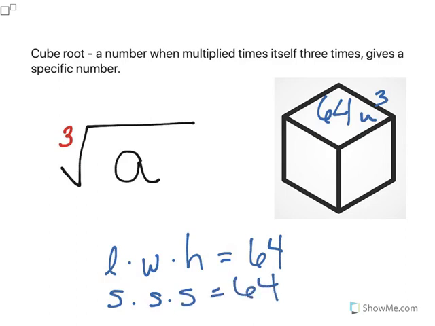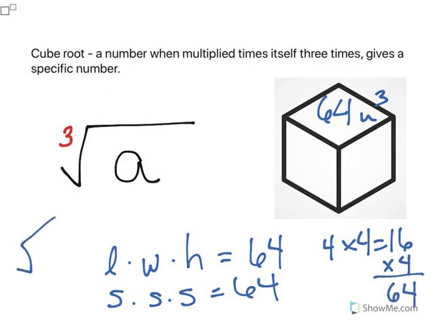So what is my side length? I can try different numbers. Knowing it's an even number, I should try to veer away from my odd numbers, but sometimes your odd number could be the answer. In this case, the answer is 4, because 4 times 4 equals 16, and 16 times 4 gives us 64. So therefore, the cube root of 64 equals 4.